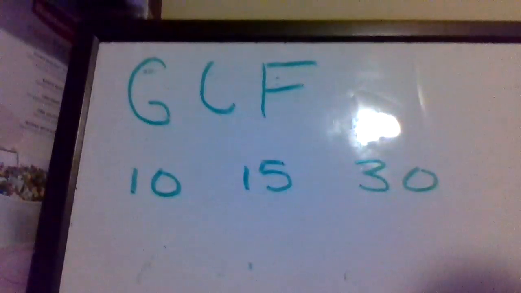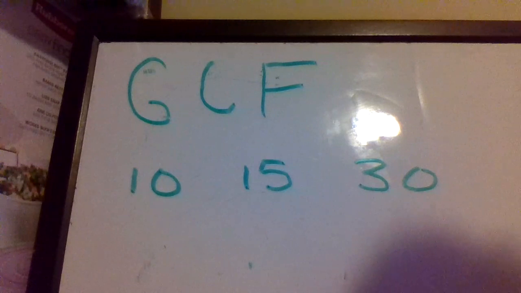Another rule is if the number ends in 0 or 5, then we can always divide by 5. These numbers all end in either 0 or 5, so that makes a pretty strong case for what the greatest common factor might be.